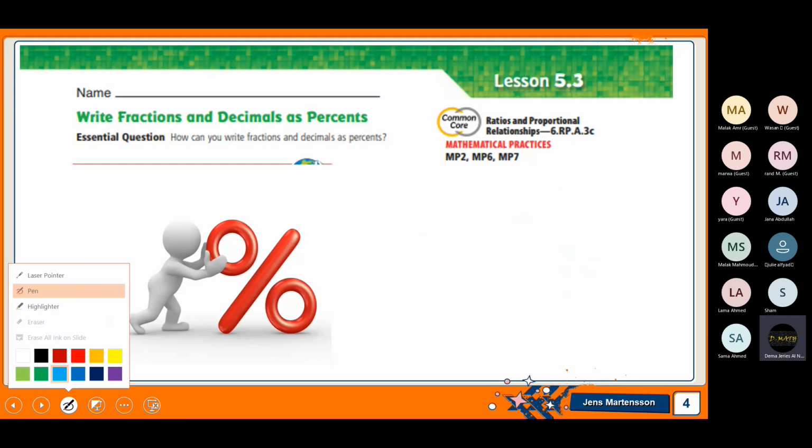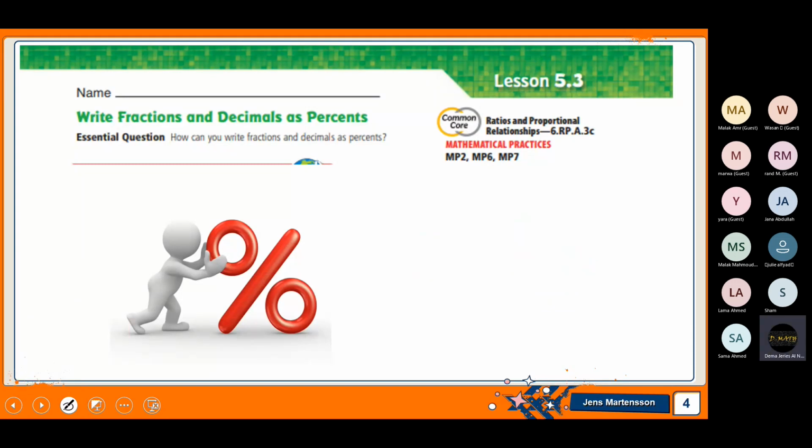And remember that if the denominator is 2, multiply it by 50. If it is 10, multiply it by 10. If it is 5, multiply it by 20.